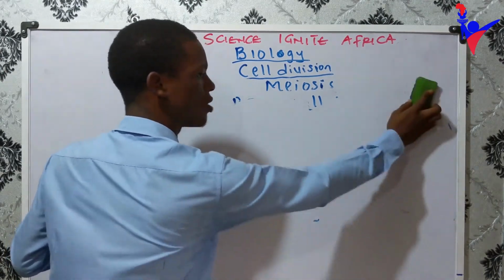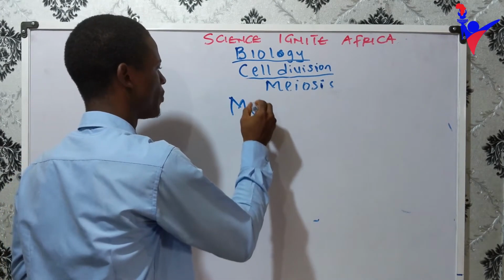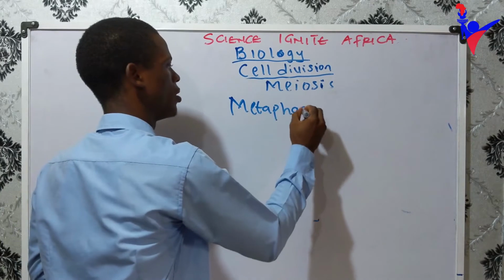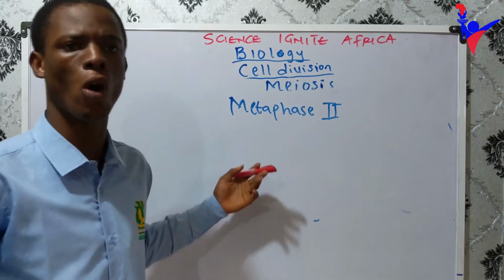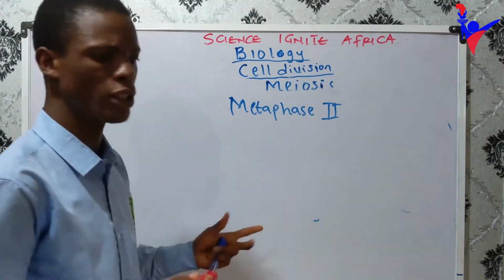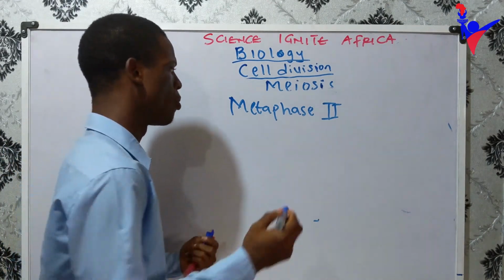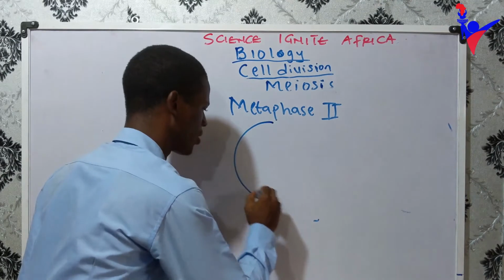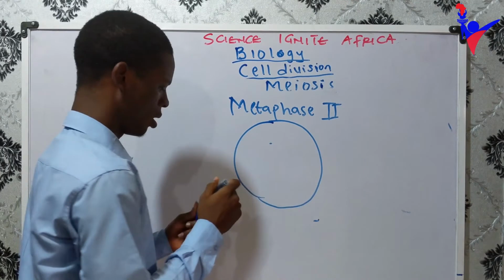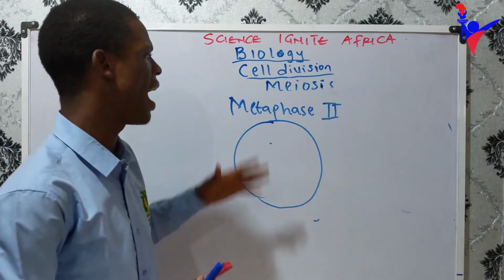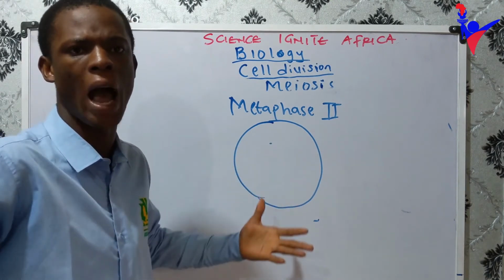So from our prophase 2 stage, we have what we call metaphase 2. Metaphase 2 also occurs in each daughter cell. We have two daughter cells now having their own unique chromosomes. So let's just say this is the first daughter cell with its cell membrane, and what happens in any metaphase is that the centrioles have moved apart.